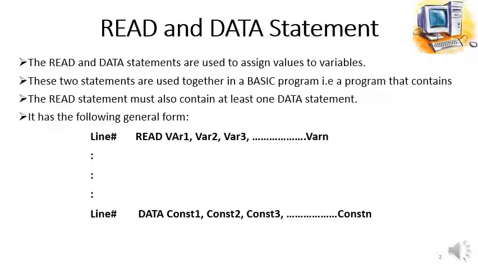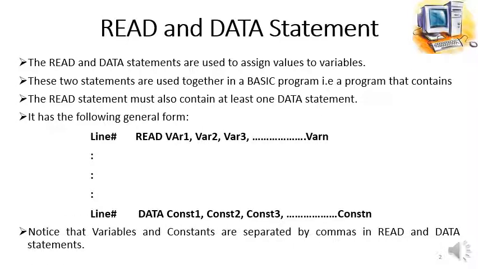Constants are actually representing the values up to constant n, and those values will be stored inside variable 1, variable 2, variable 3 in the read statement. Notice that variables and constants are separated by commas in read and data.